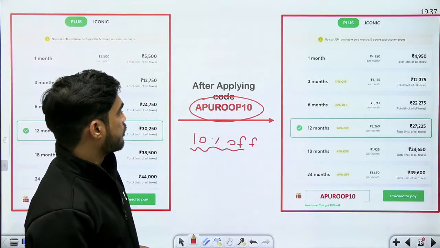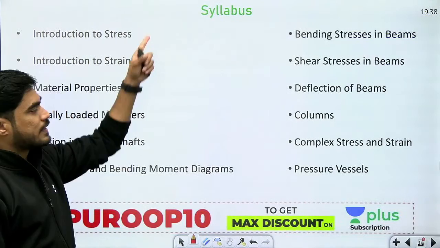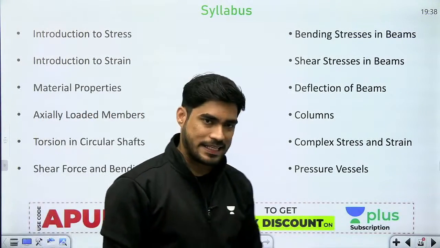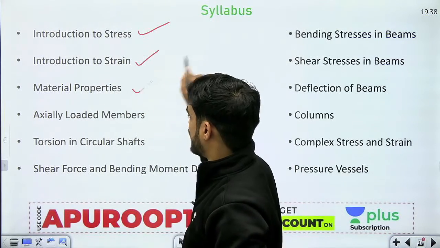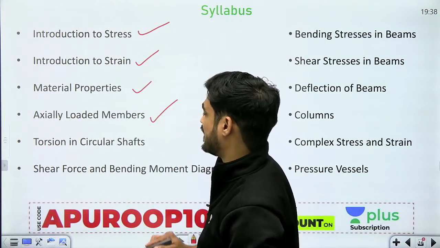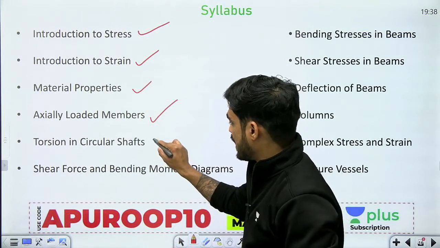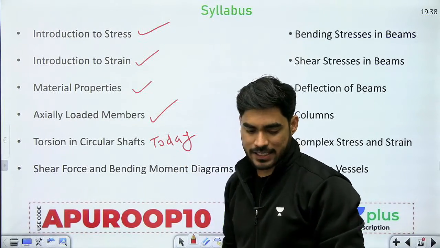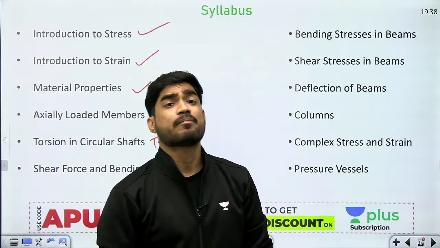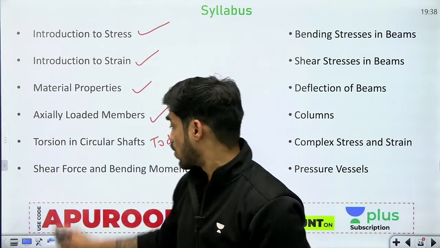Now if you see the syllabus of strength of material, we have already covered introduction to stress, introduction to strain, material properties and axially loaded member, and today we are going to cover torsion in circular shaft. आज की जो क्लास है उसमें हम एक बहुत इंपॉर्टेंट चैप्टर कवर करने वाले हैं, which is what?